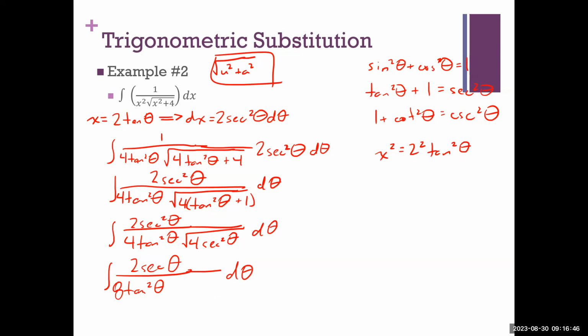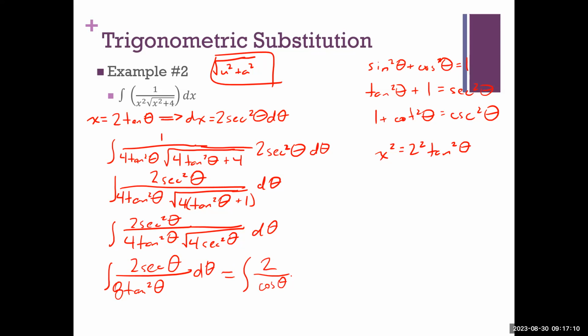Here's one thing that I like to do if it's not clear what the way forward is, and right now I don't think it's very clear at all. Let's go back to sines and cosines because those are probably where we feel most comfortable. What is secant in terms of sines and cosines? 1 over cosine. So this becomes 2 over cosine theta.